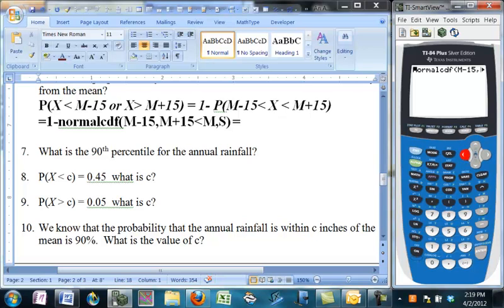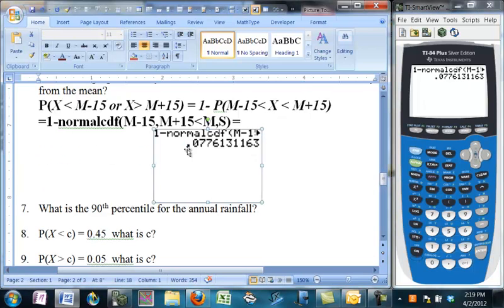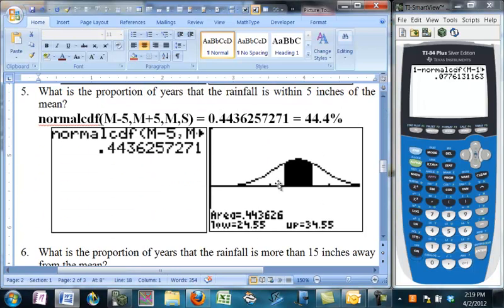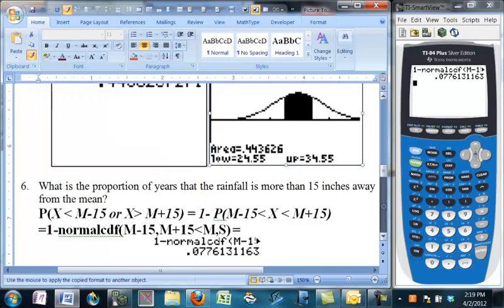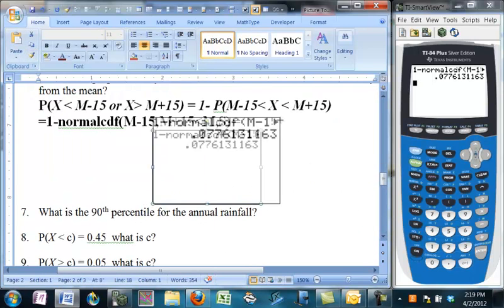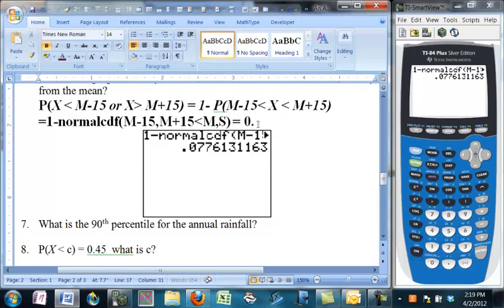Okay, that's what we want, but we want to insert a 1 minus in front of it. Alright, now we're talking. That's what we need, or in other words, about 7.8%.